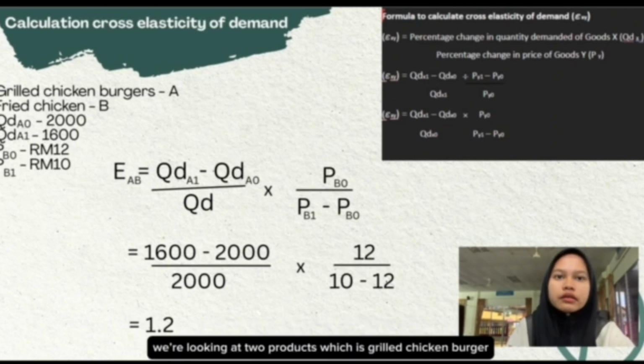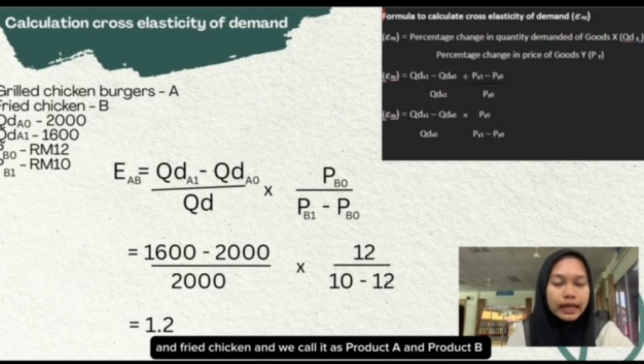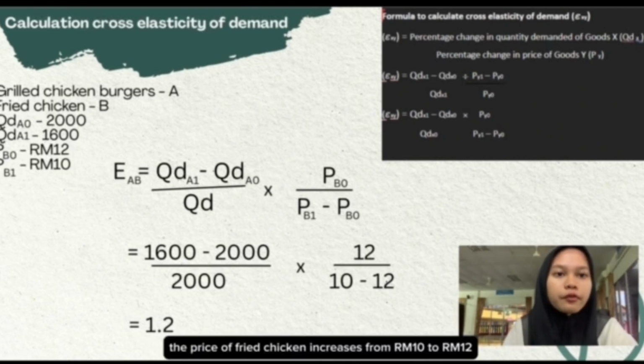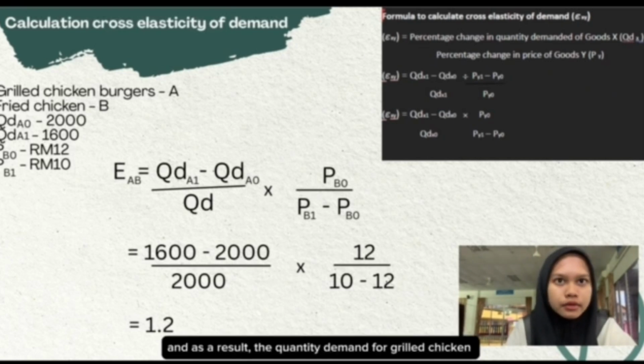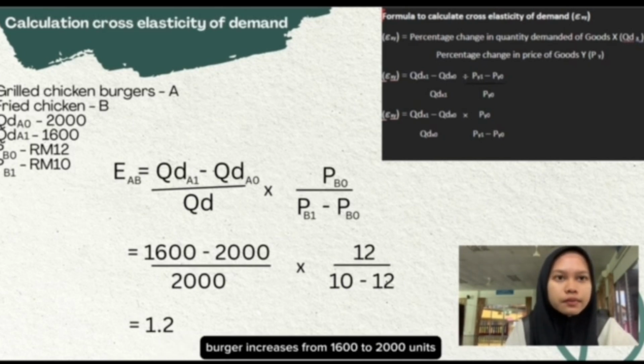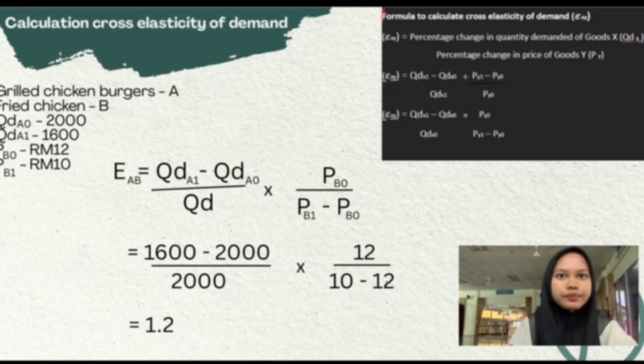We're looking at two products, which are grilled chicken burgers and fried chicken, and we call them product A and product B. The price of fried chicken increases from 10 ringgit to 12 ringgit, and as a result, the quantity demanded for grilled chicken burgers increased from 1,600 to 2,000 units.